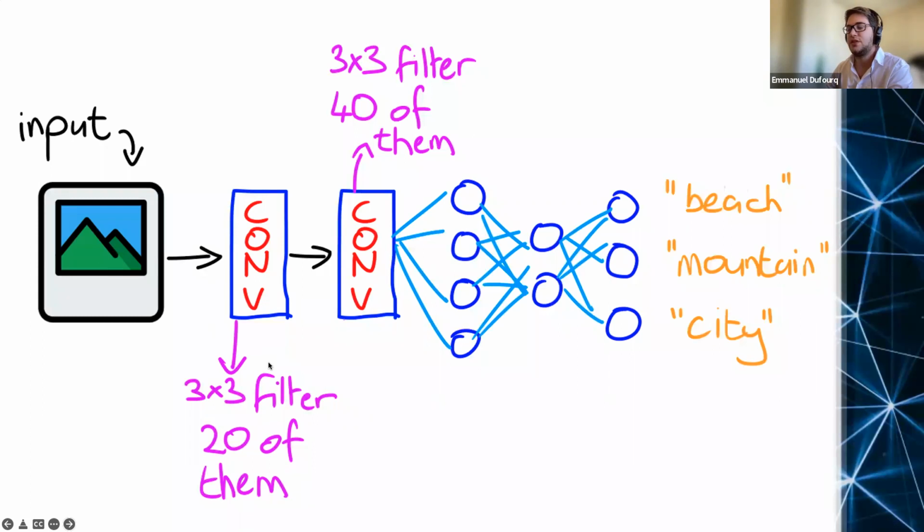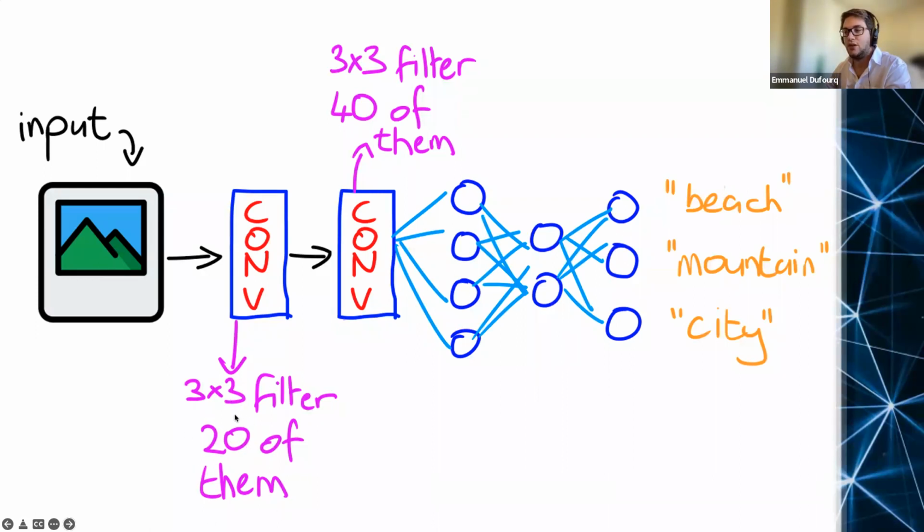And now this is where things get a bit messy. Here you'll see that I've decided that in my first convolution layer, I want 3x3 filters, and I want 20 of them. The 3x3 filter size was a user-defined parameter, and I also decided I wanted 20 of them.